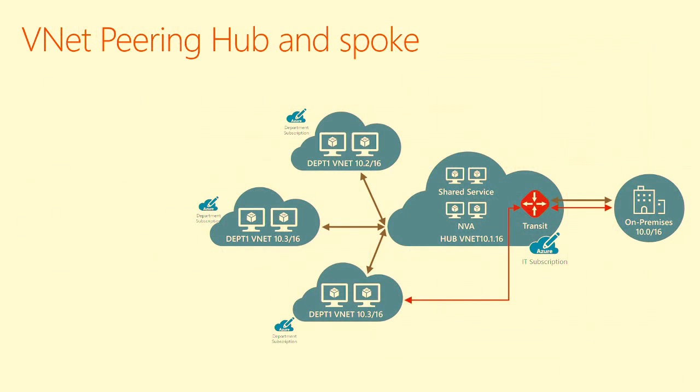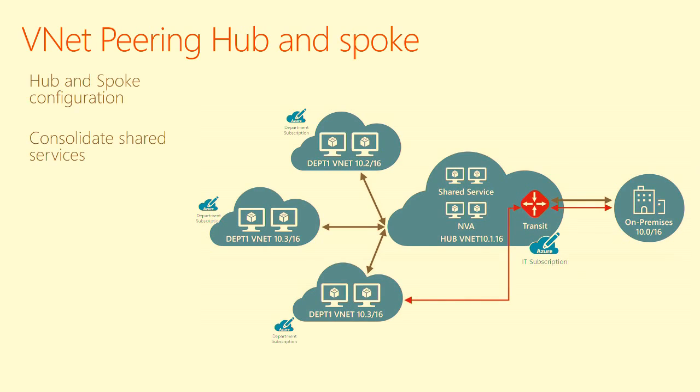Now with VNet peering, it doesn't stop here, because if you look back at the issue we initially talked about, how do we address this in this model? Well, number one, VNet peering lets you create your environment in a hub and spoke model, where the central IT guy is now able to create a big central hub virtual network where he can consolidate all these shared resources, like firewalls, IDS, IPS, and all those premium services which you would otherwise have to configure in each of these virtual networks.